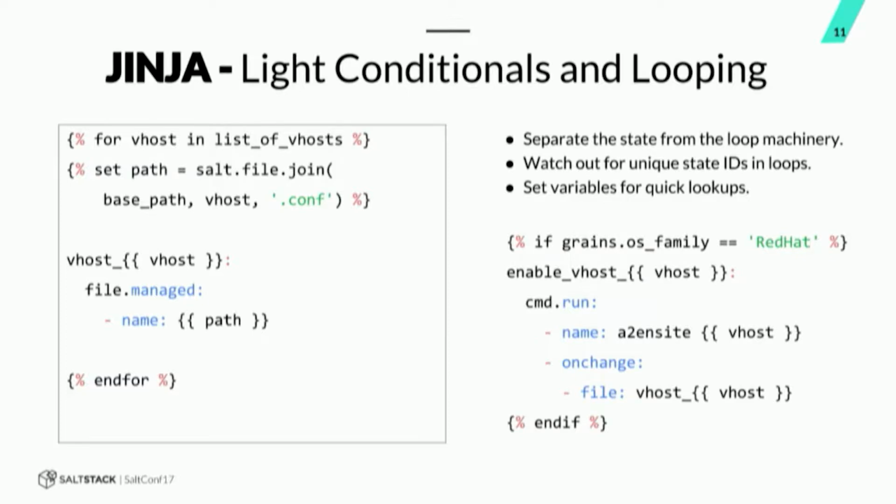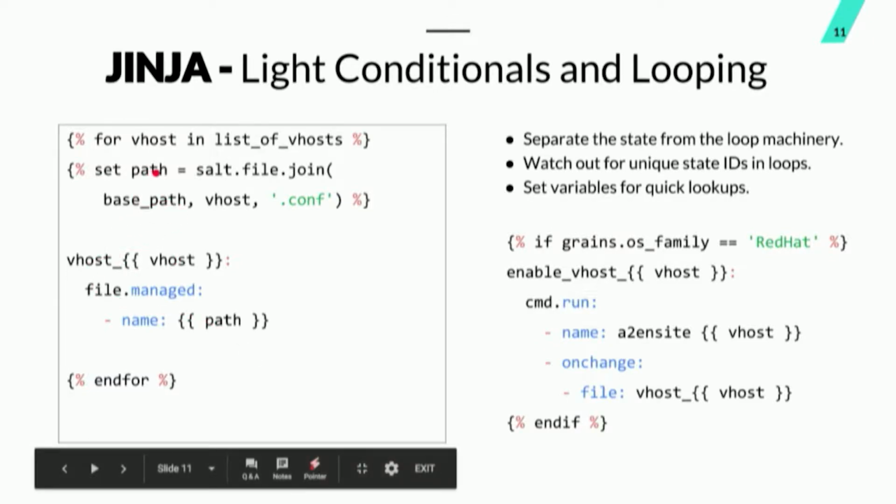That means that you've got an awful lot of logic in your states, and maybe there's a better place for that logic because, as we've talked about, Jinja is kind of hard to read. So if you have to do that, then separate the states again from the logic. So make the loop, make the conditional, put the state in the middle where it can reference values safely, that sort of thing. Again, sky's the limit.